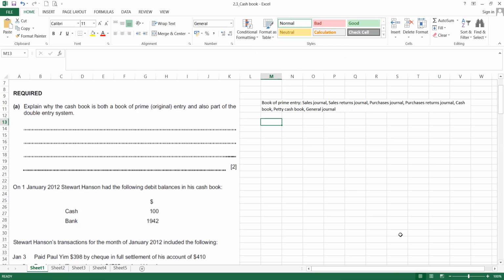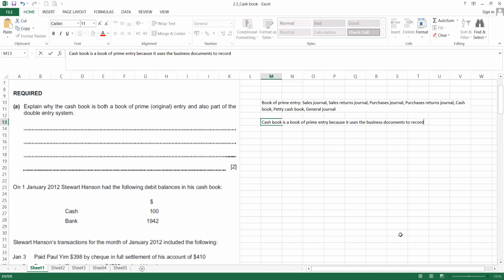So the first one, the cash book is a book of prime entry because it uses the business document to record the first recording. This is the first recording that they use.